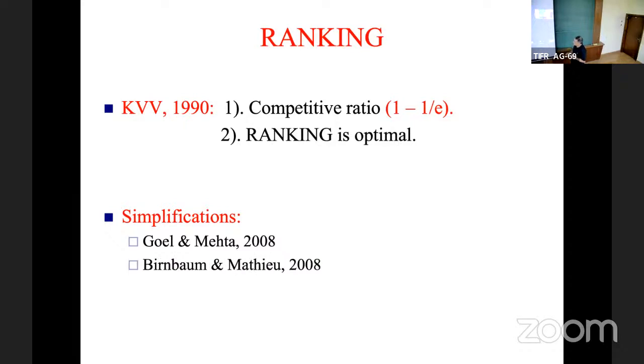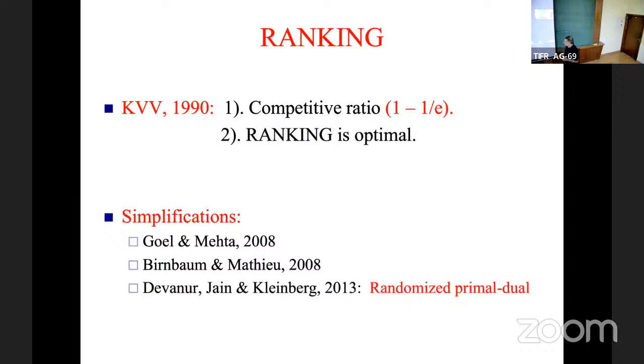And then more simplification was done by Birnbaum and Mathieu, who was a student of Anna Karlin. And at this point, many people started understanding it. And then Nikhil Devanur, Kamal Jain, and Bobby Kleinberg gave a very nice interpretation and analysis using randomized primal dual. And this could already be taught essentially in a graduate course.